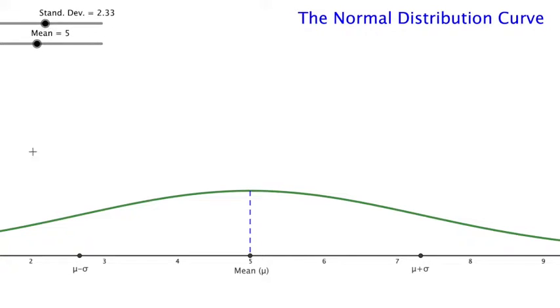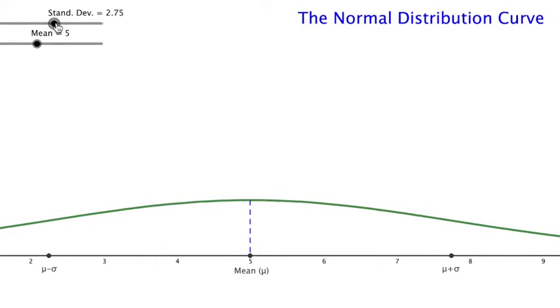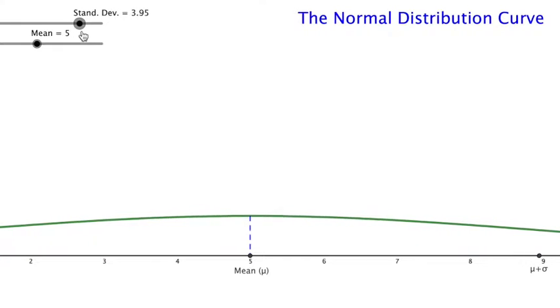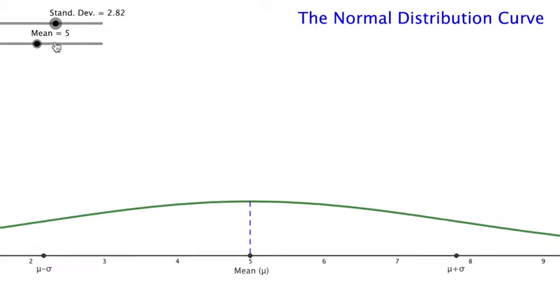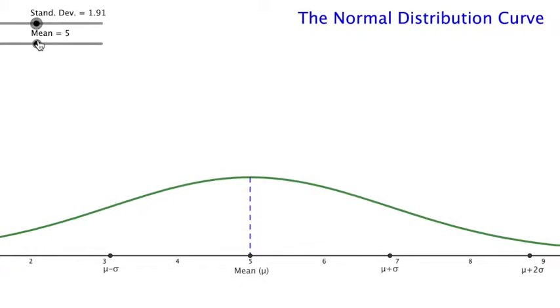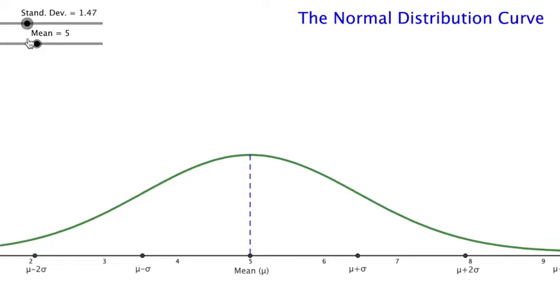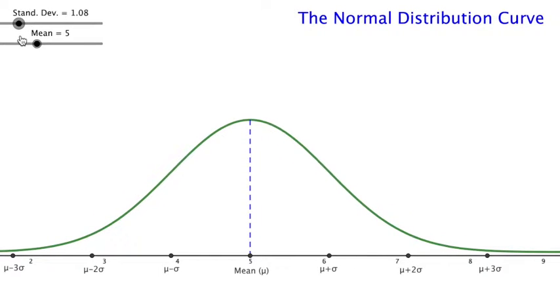So now 1 standard deviation away from the mean is bigger than 3 and between 2 and 3 and between 7 and 8, where before it was 4 and 6. So as the standard deviation gets even bigger, the curve basically almost flattens out. But the area underneath it is still going to be equal to 1, going all the way to the left and all the way to the right, which is one of the cooler features of this curve.